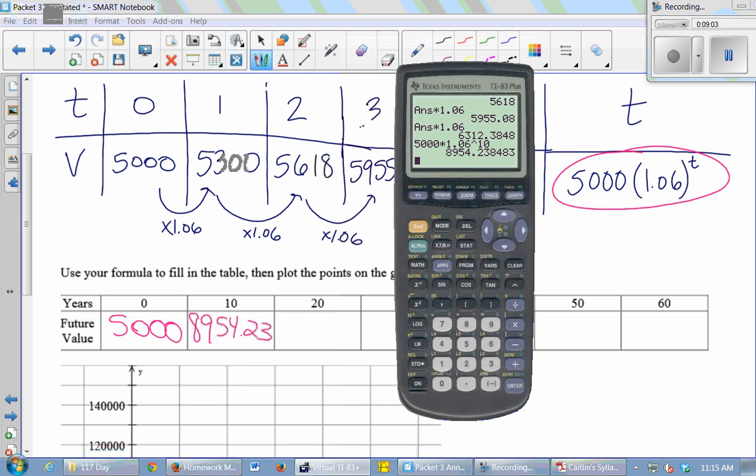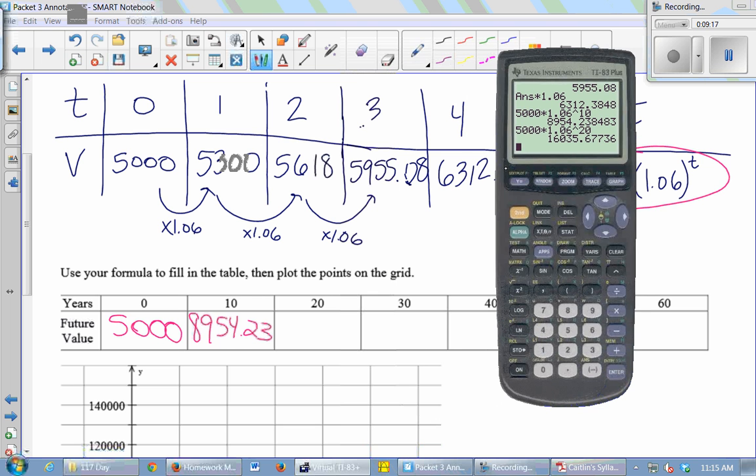All right. So 20 years later, I do the same calculation, 5,000, and then I have to multiply by 1.06 20 times. So I raise it to the 20th. And I get $16,035 and 67 cents.